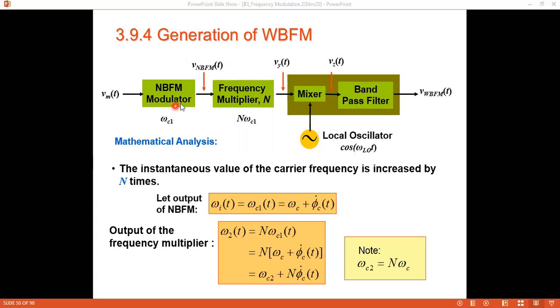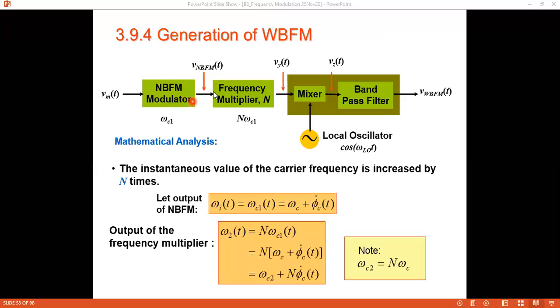Okay, so this is the block diagram of wideband FM generation. The first part here, we have our narrowband FM modulator, which becomes the input to our wideband FM. The narrowband FM modulator here can be indirect or direct, it doesn't matter.